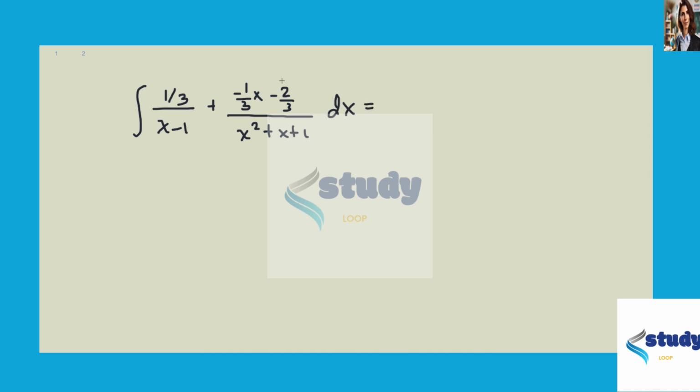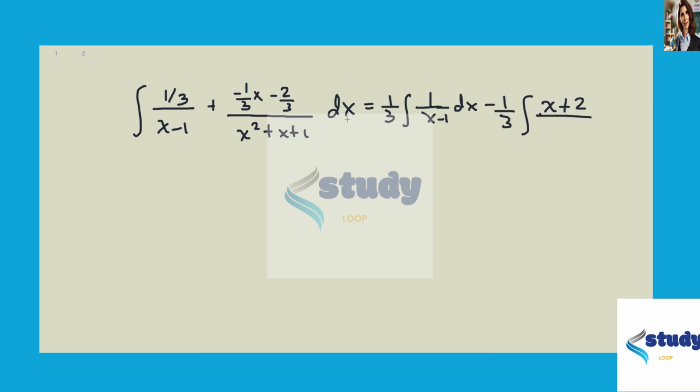So let's go ahead and distribute this integral sign. We could pull up the 1/3, 1 over x minus 1. And then for the next term, let's just pull out a minus 1/3 here. And I'll just have an x plus 2.